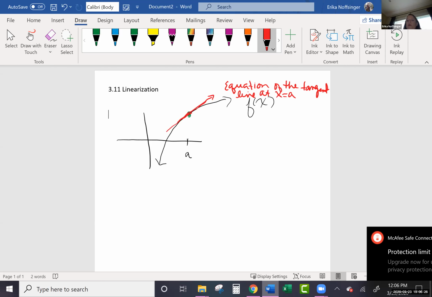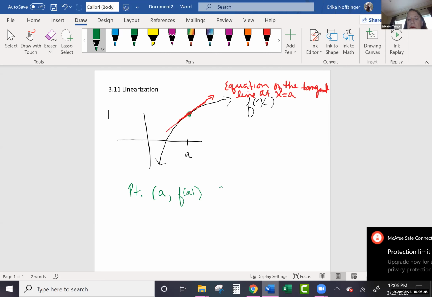And remember how we did that? We needed a point and we needed a slope. We found our point: our x value is a, and so our y value is going to be f of a.